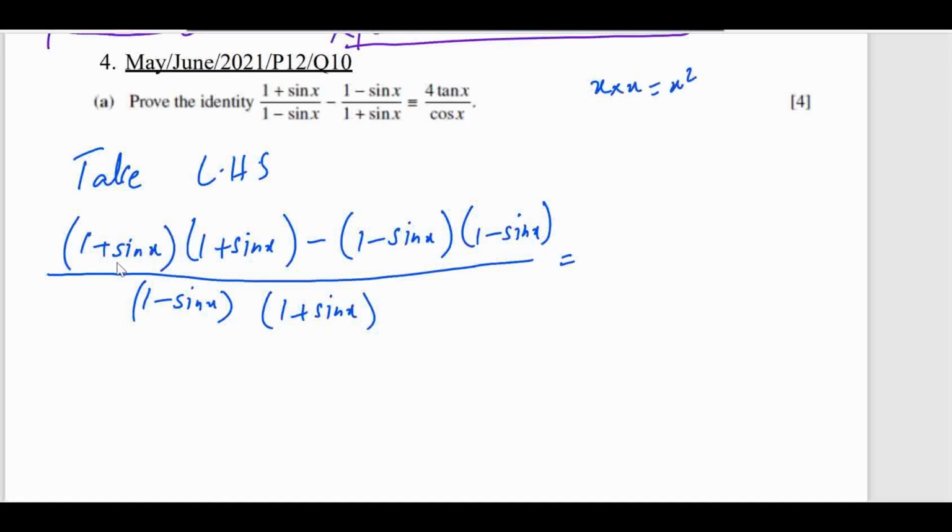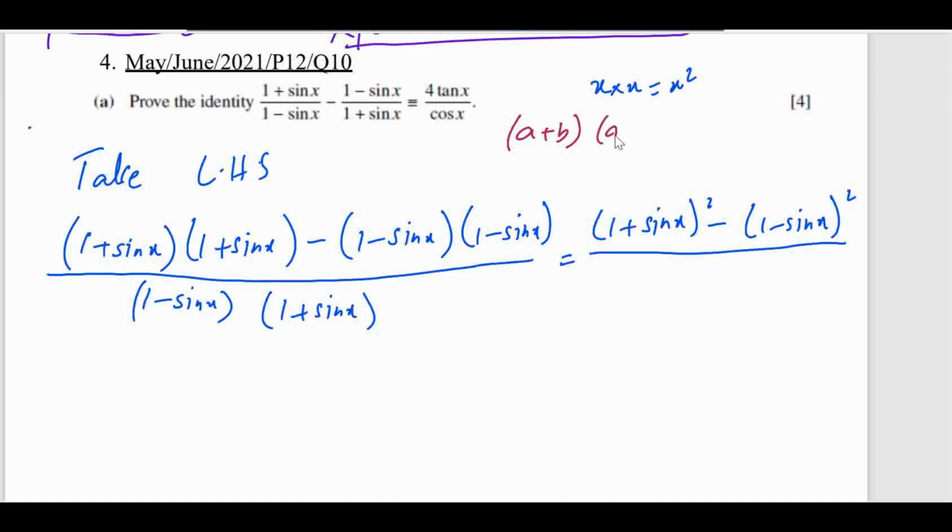So this will be 1 plus sine x whole square minus 1 minus sine of x whole square, divided by, in the denominator there is an identity: a plus b into a minus b is equal to a square minus b square.